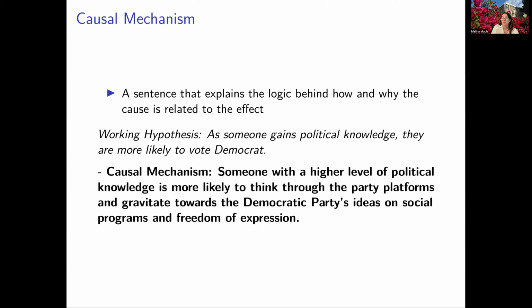So they maybe went to university, increased their political knowledge, and came to understand the importance of social programs and the importance of diversity of lived experience and being able to express that freely. That would be an example of a fictional causal mechanism between political knowledge and voting Democrat.